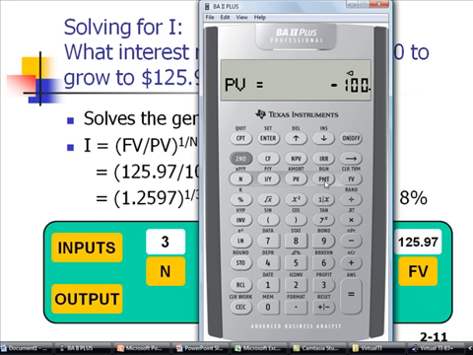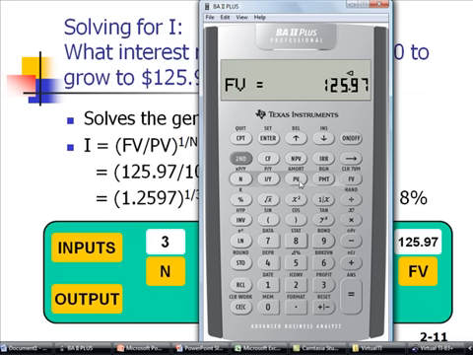That would require a cash flow that is recurring, that happens every single time period. We don't have that yet. Future value is obviously the 125.97, and that is not going to have a negative sign on it. So 125.97, there's the 7, and we push future value and it's in the memory.